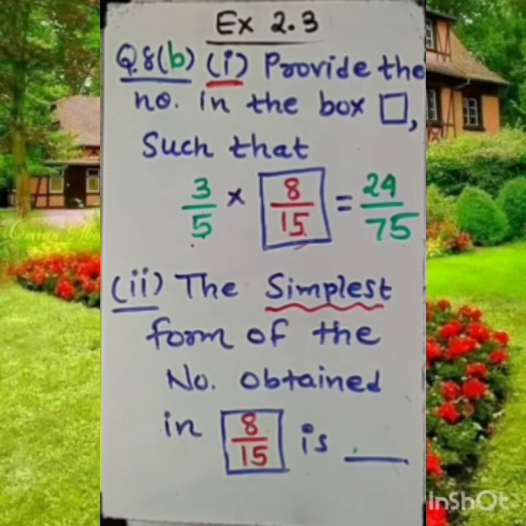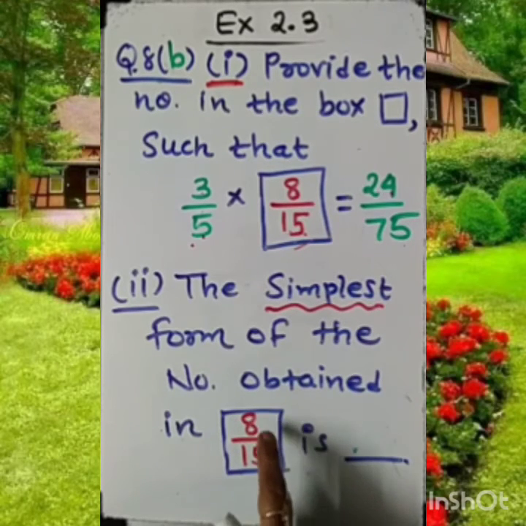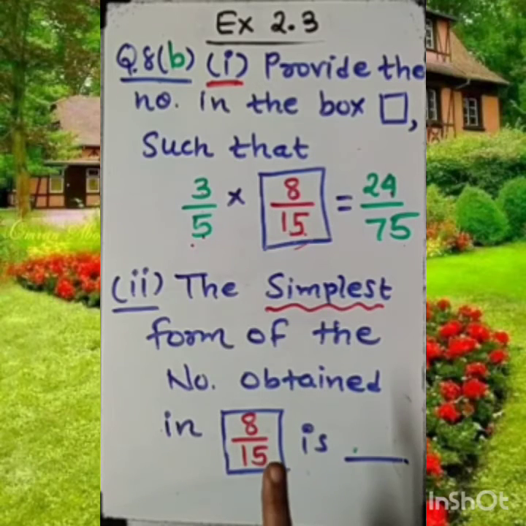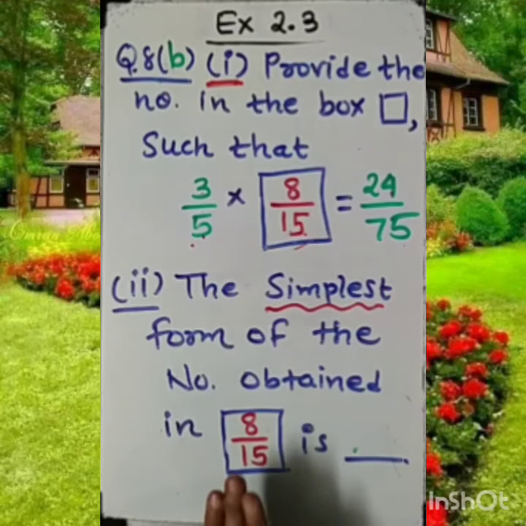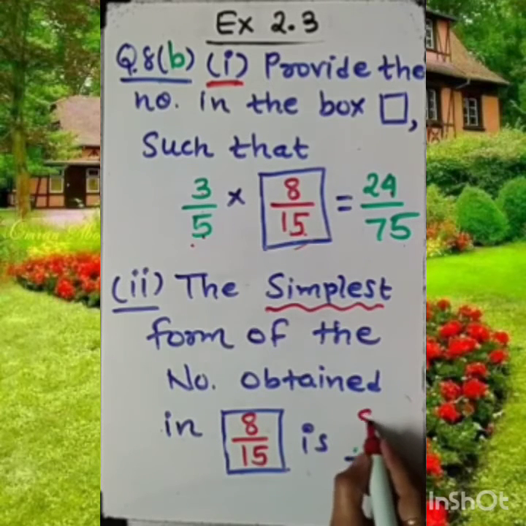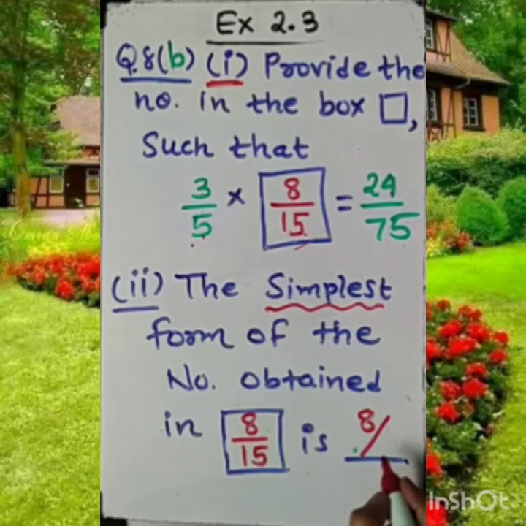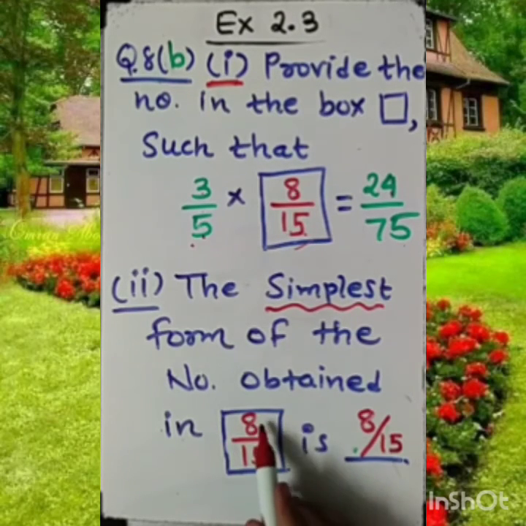But sorry to say, there isn't anything common in 8 and 15 except 1. So no simplification is possible. In such a case, the number is already in its simplest form and it will remain the same. So you try to bring the common factor in numerator and denominator and try to complete it.